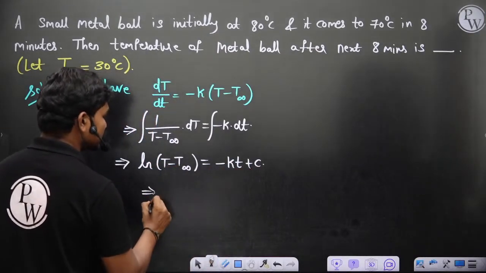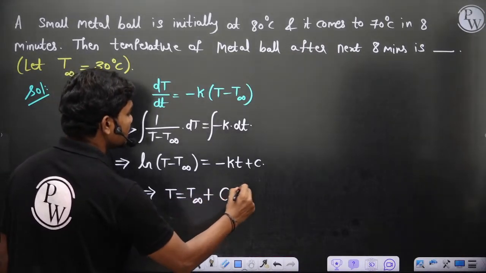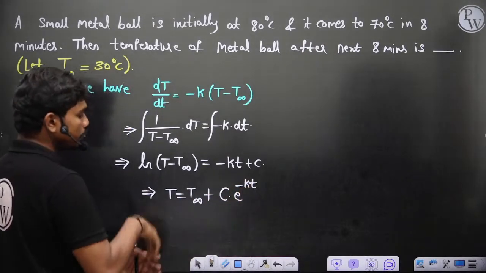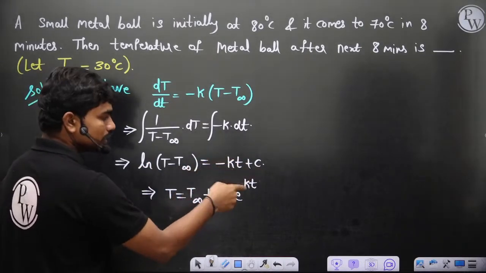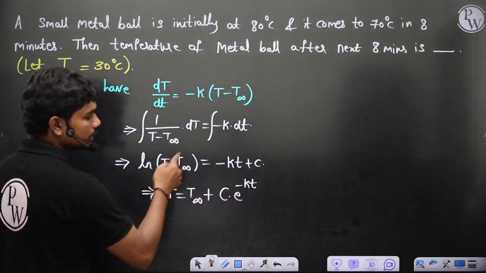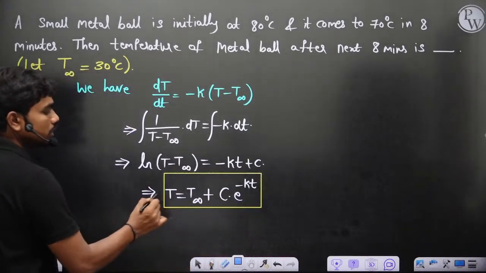Or you can write T equal to T infinity plus some constant times e power minus kt. Both are the same, because taking the log to the other side gives e power minus kt plus c, which is c times e power minus kt. Then T infinity goes to the right-hand side. This is the variation of temperature with time.